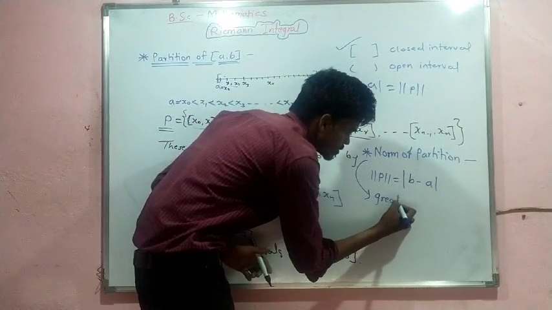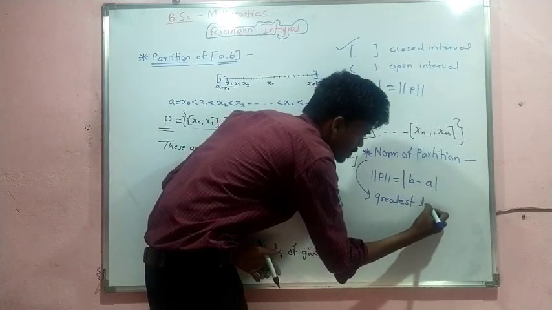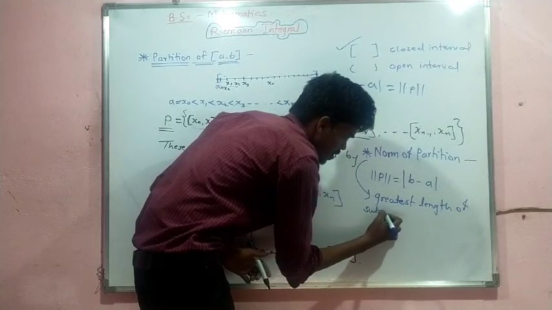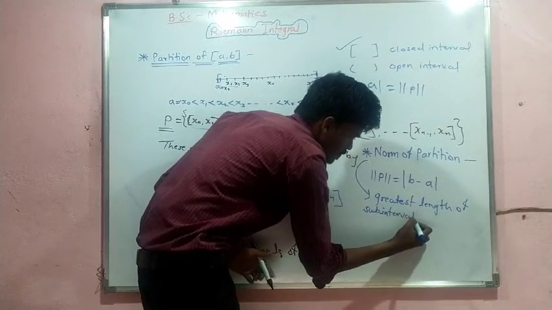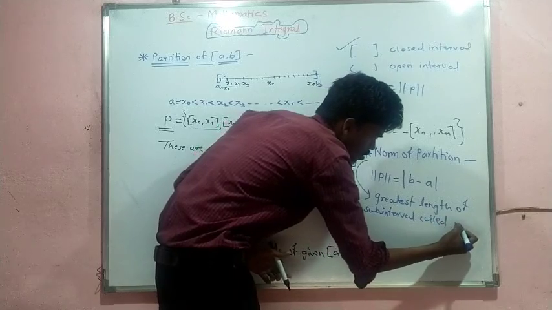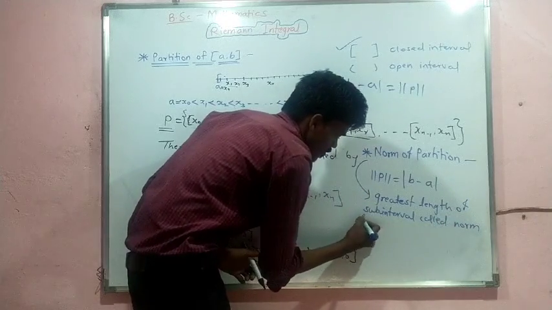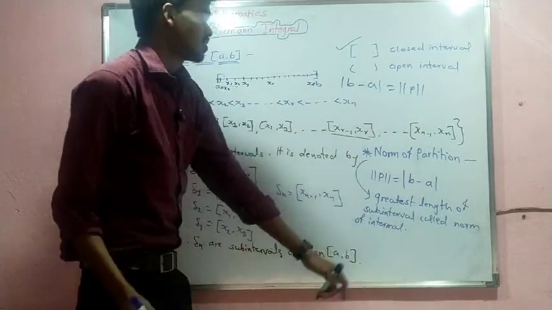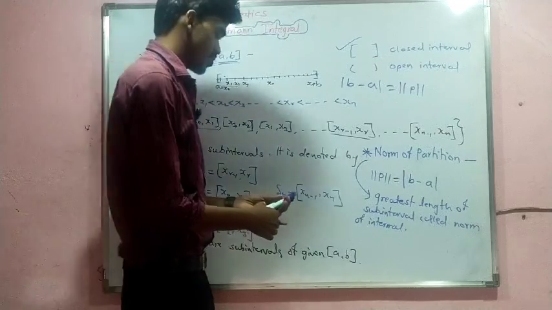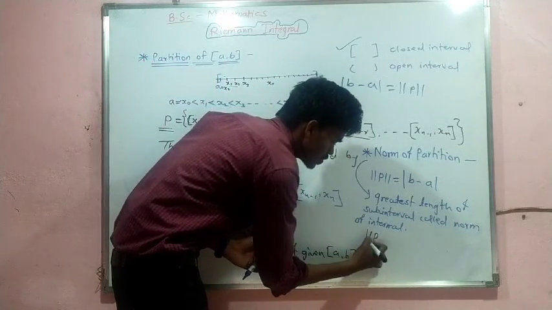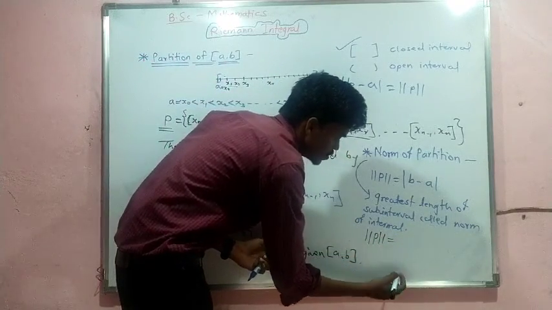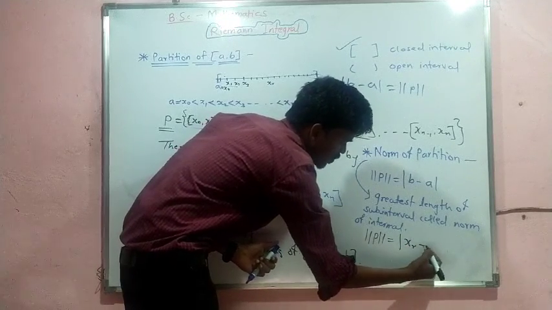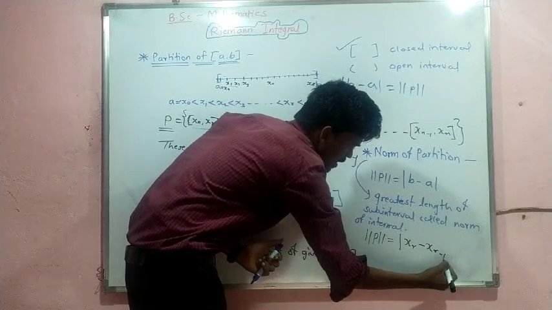the norm means the greatest length of a subinterval. So norm P is exactly equal to the greatest absolute value of xr minus xr minus 1.